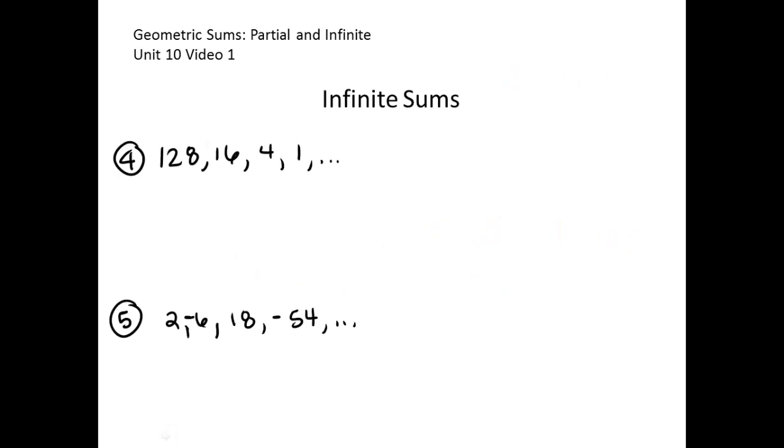Okay, number 4. So we're going to identify, I'm going to write our formula. S is going to equal, and without anything written down here, it's assumed that's an infinite sum, A1 times 1 over 1 minus R. So I'm going to do 16 divided by 128, or 4 divided by 16, and 1 divided by 4. And I notice that they actually are all the same, and the common ratio is 1/4. Perfect. I needed that type of fraction, that less than 1, in order to make this work.